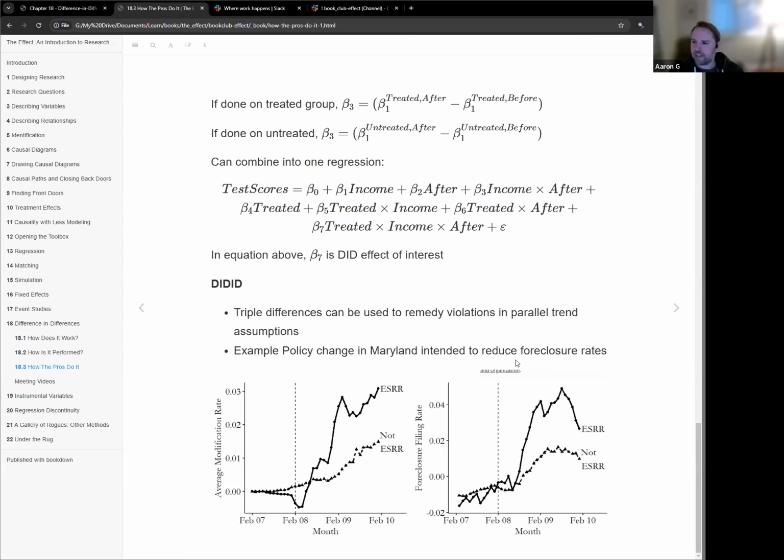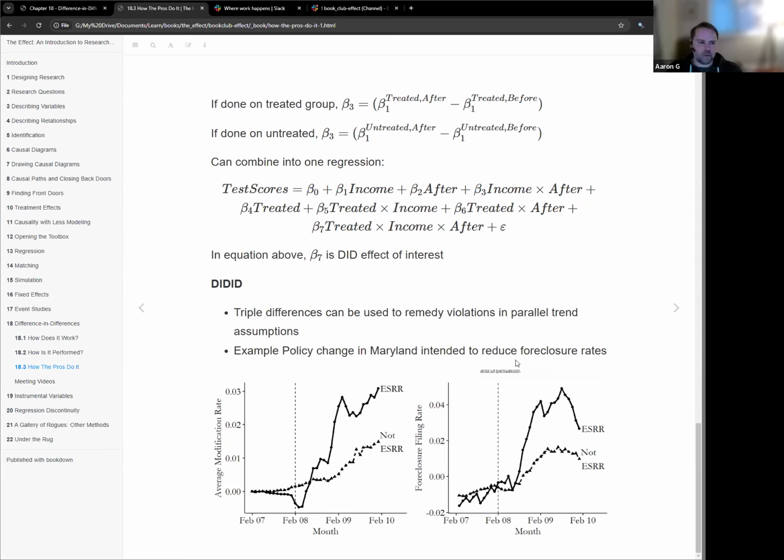They don't really show that graphically, maybe because there's a parallel trend issue there, but that's where I would have started, as opposed to just doing two DIDs with the subset of Maryland servicers that implemented this program, and then the ones that didn't, right? It seems a little strange to me that they didn't show us what it looked like if you were to just do a standard DID within the state of Maryland and just ignored the out-of-state effect there. But they didn't really go into detail about it.